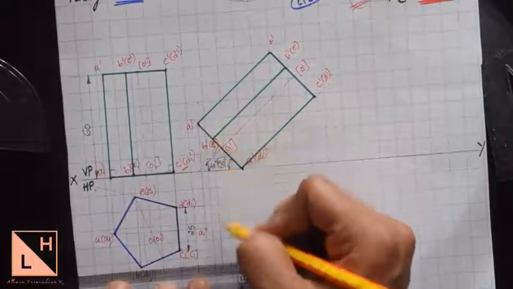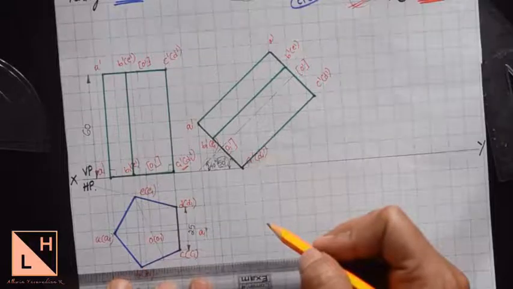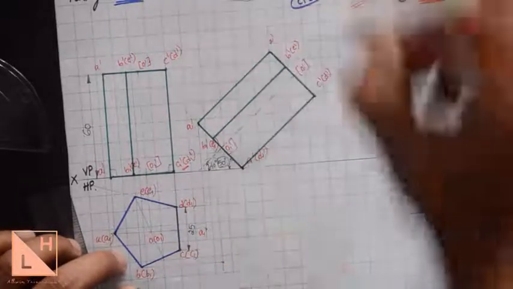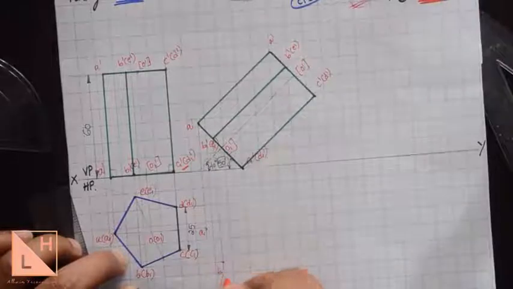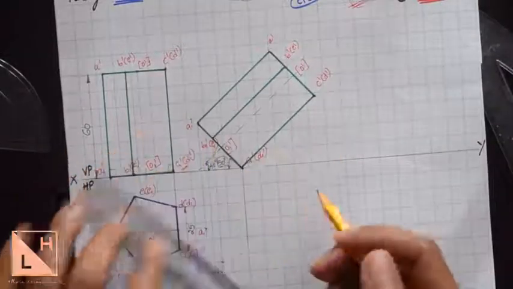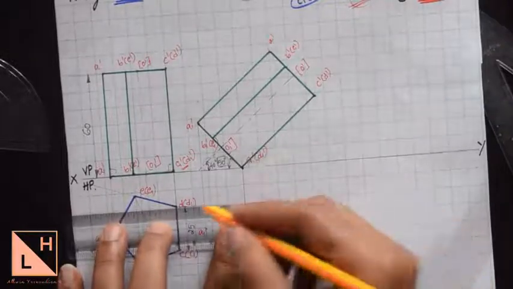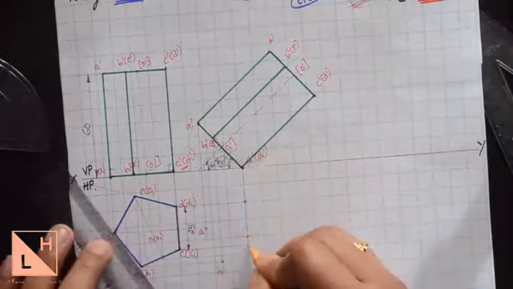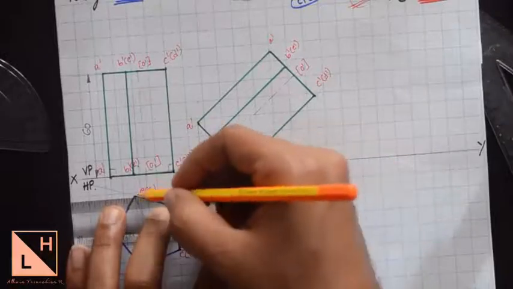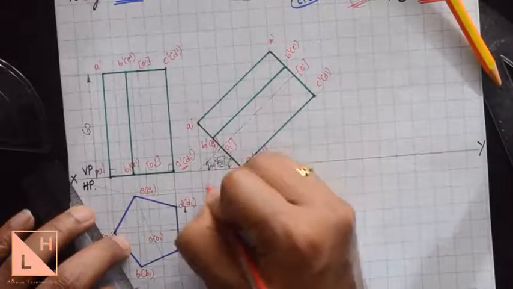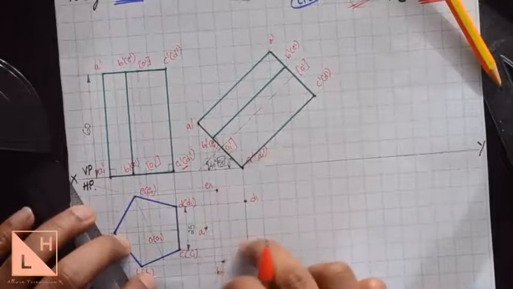This is the B1 dash line and draw a line from B1. This intersection will be the new point B1. And we get the 5 points of the base.